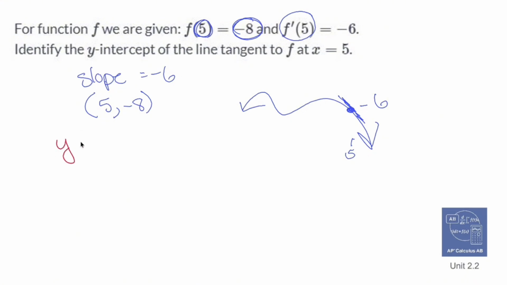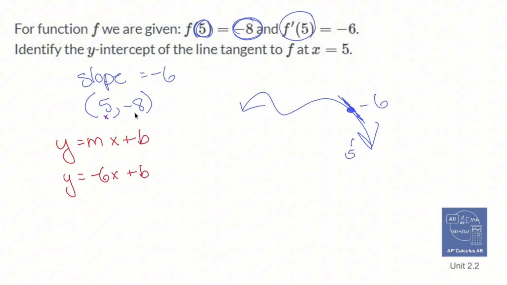So if I have y equals mx plus b, that's slope-intercept form. I already know that the slope of the tangent line is negative 6. So what I have so far is y equals negative 6x plus b. I also know that I'm given the point (5, negative 8).